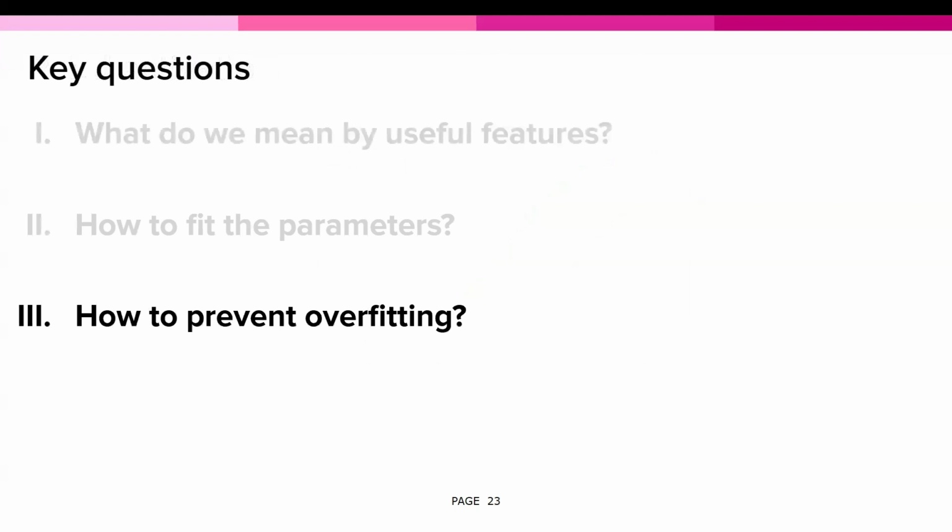Okay, so we've talked about what we mean by useful features. We also went over how to apply the chain rule to learning the parameters of these networks. And what we discovered was that there are quite a few parameters in this network.